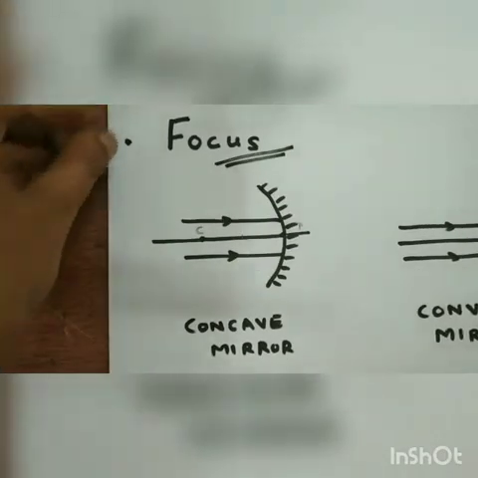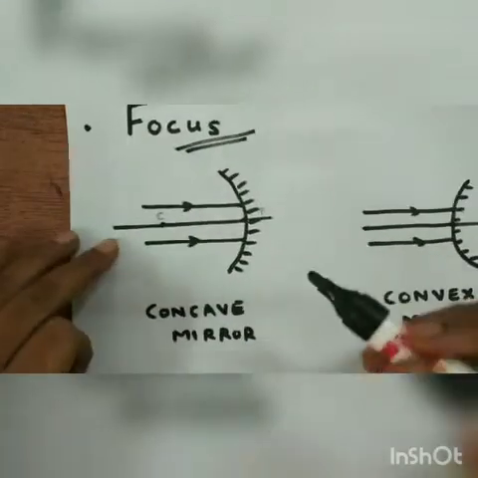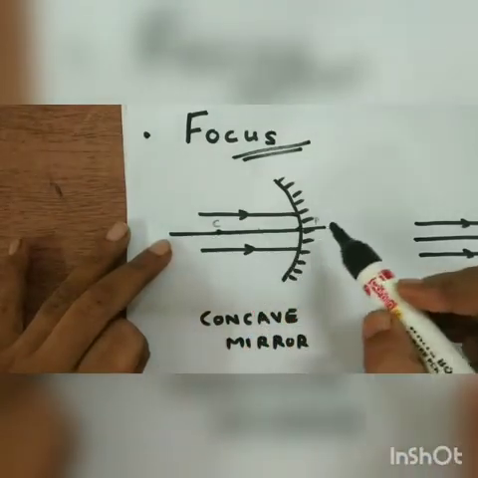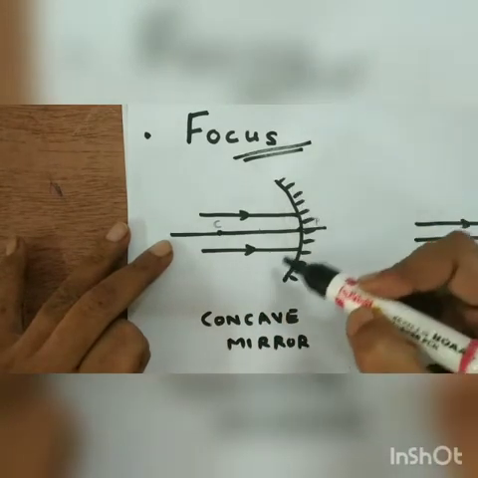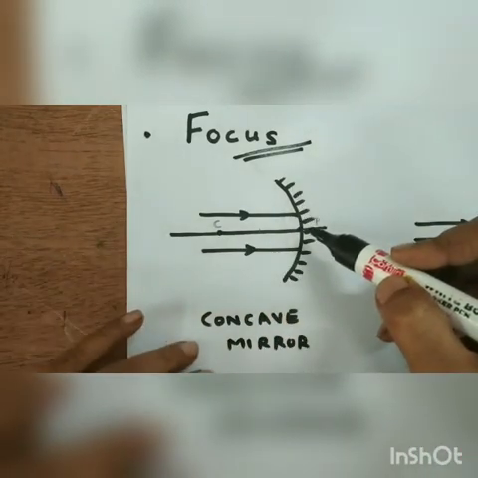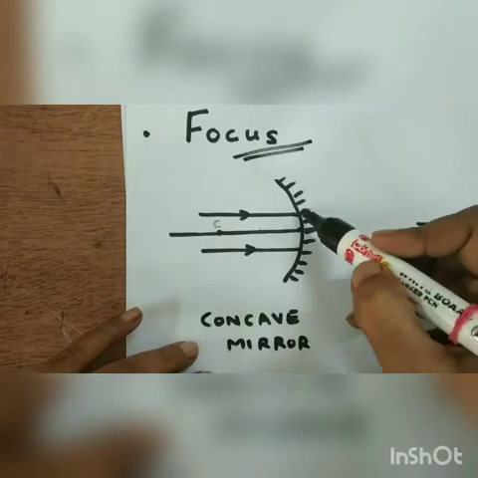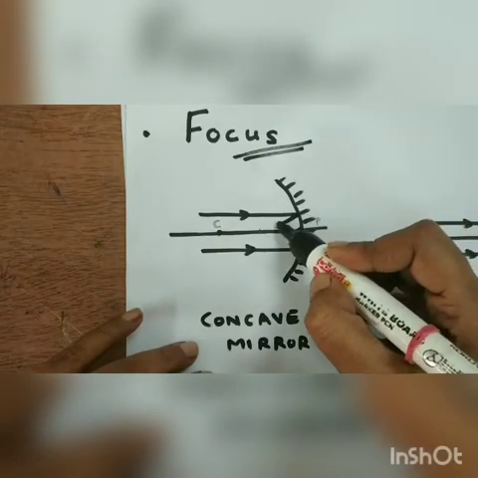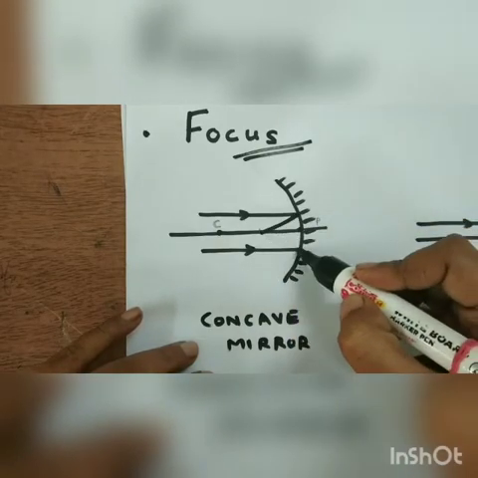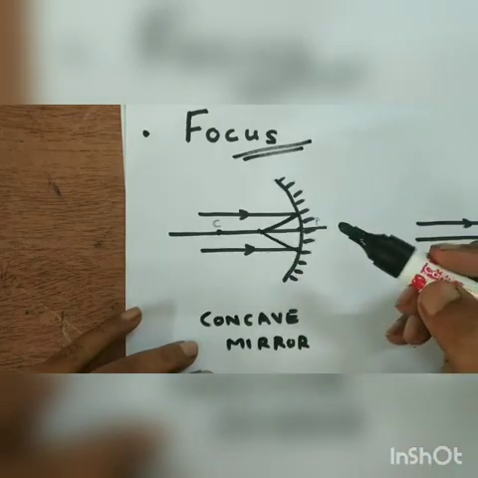Now, let us move on to focus of a convex mirror and a concave mirror. What do you mean by focus? When a ray of light passing parallel to the principal axis falls on a concave mirror, after reflection from the concave mirror, it meets at a point on the principal axis.